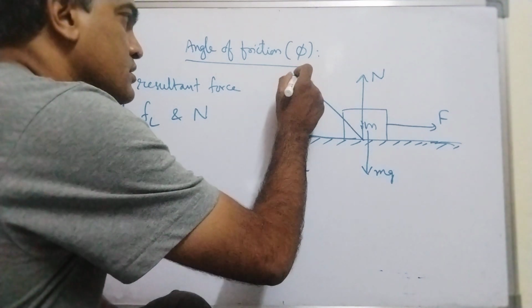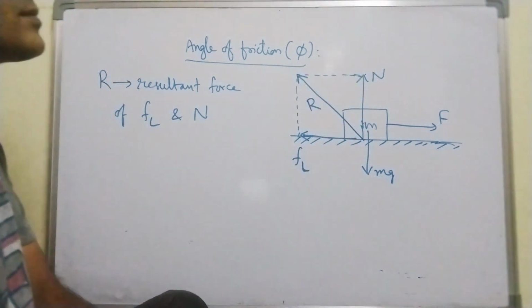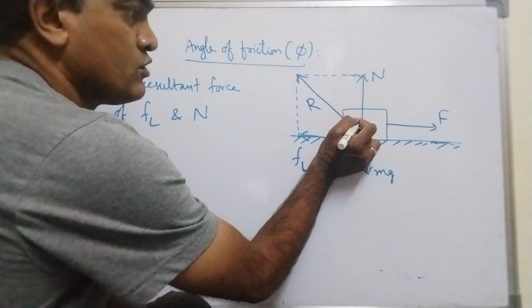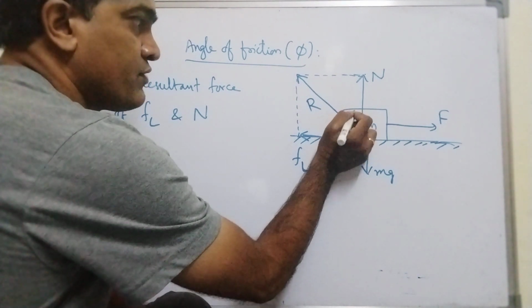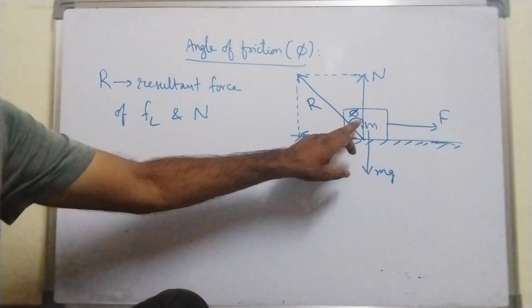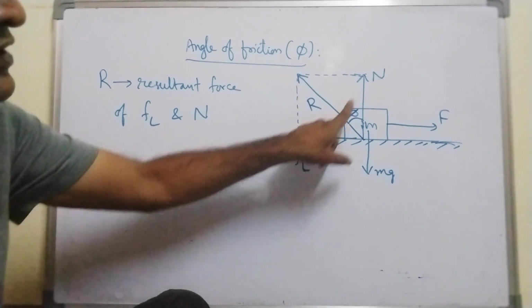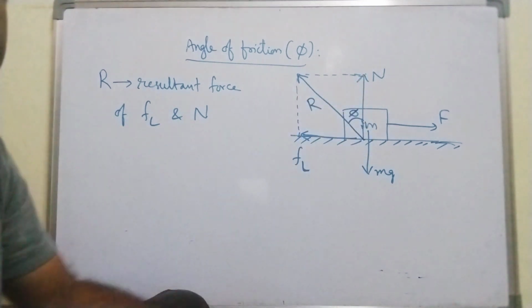Now, if I construct a parallelogram and denote the angle phi here, phi is the angle made by the resultant of FL and N with normal.